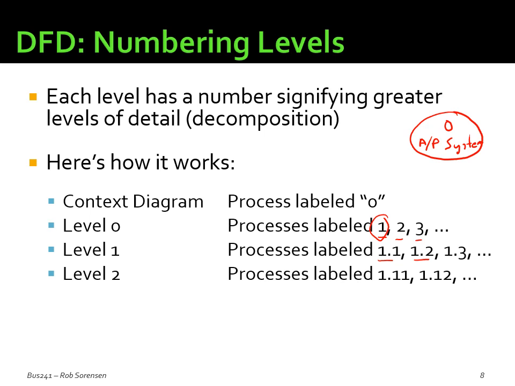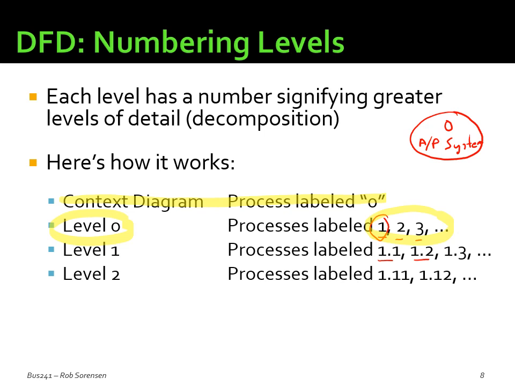Again, an example might be more helpful to you. I'll give you one in just a minute. Now notice the context level just has one process labeled 0 on it. Then to break that apart, I do level 0, which has processes labeled 1, 2, 3, etc. However many there are. And I go from there.